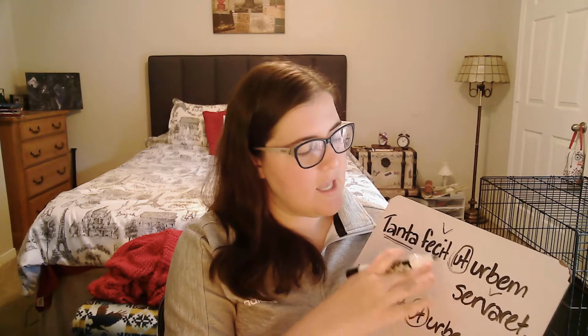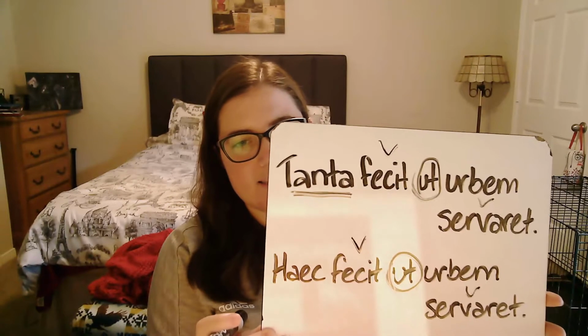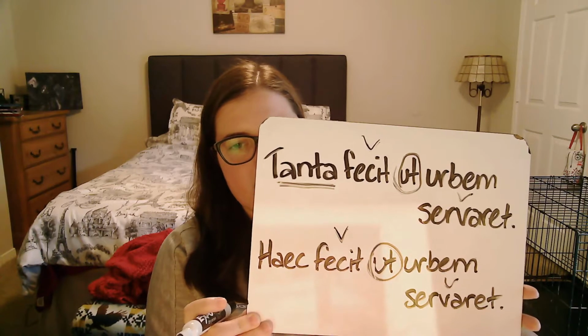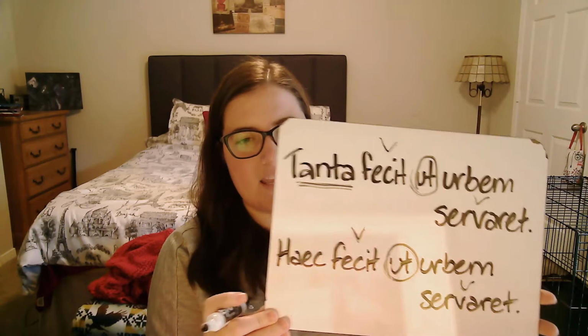So he did such great things, ut, that, or with the result that, if you like to distinguish between them very clearly. He did such great things with the result that he saved the city. So again, he did such great things that he saved the city.